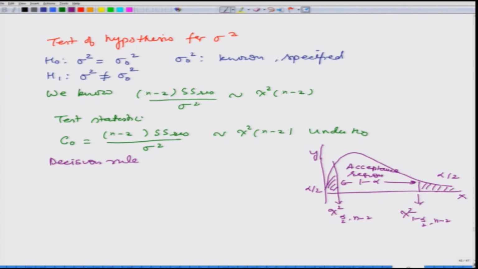So, we can see here that in this case we reject the null hypothesis H naught if C naught is less than chi-square alpha by 2, n minus 2, or C naught is greater than chi-square 1 minus alpha by 2, n minus 2. So, this will help us in testing the hypothesis about sigma square.